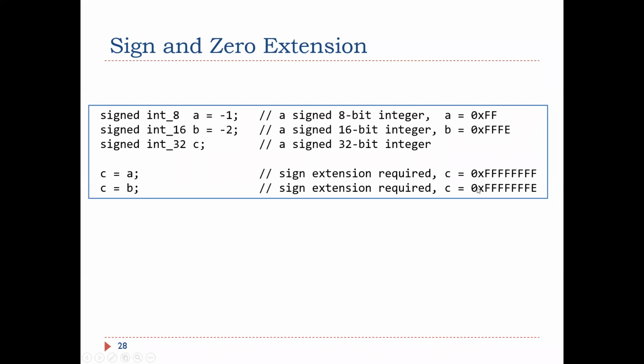So this is something you should pay attention to when you are copying a signed number from one memory location to another, especially when you are copying from an 8-bit byte to a half word or a 32-bit register.